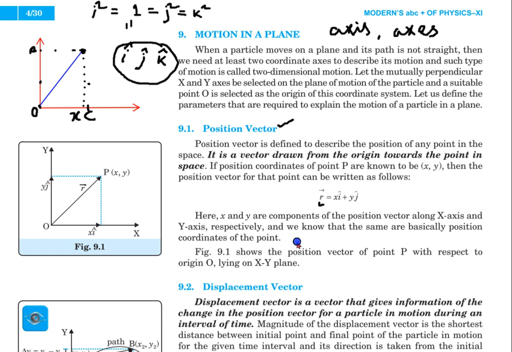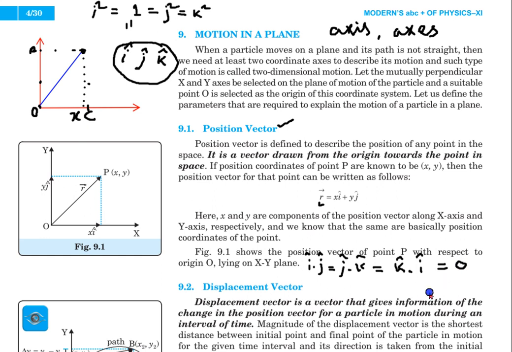And one thing we have to note is i dot j, j dot k, k dot i, all with caps, these are dot products.